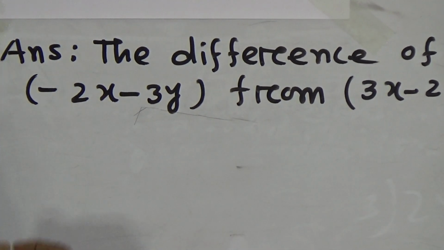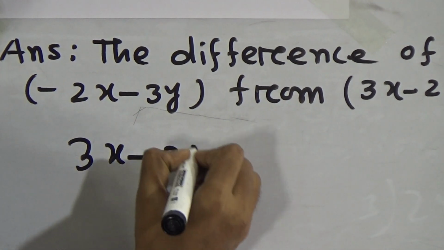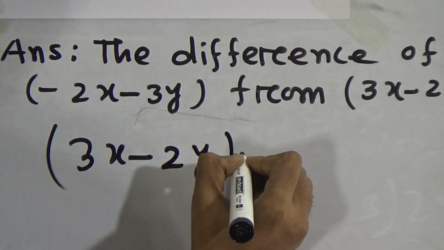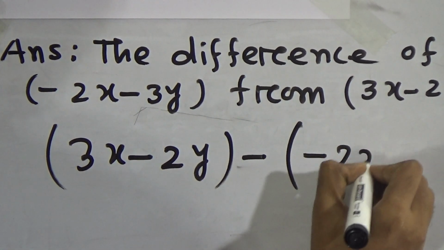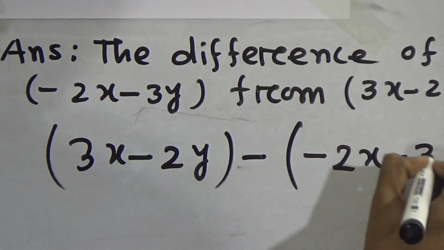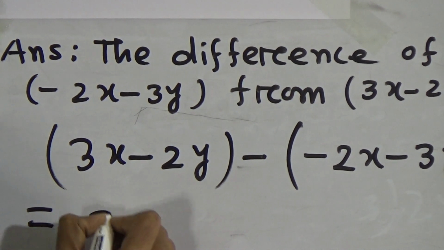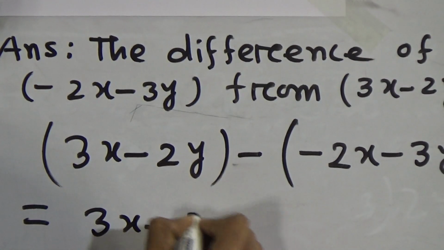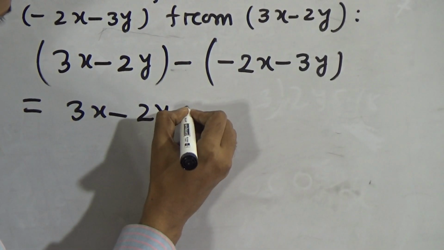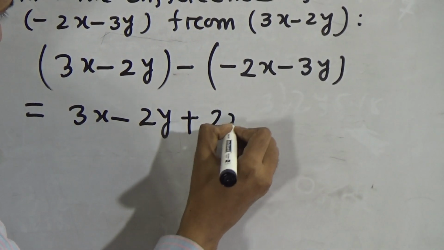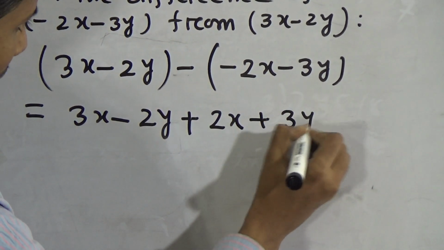Okay, right now, 3x minus 2y, you put minus sign, minus 2x minus 3y. Okay, look now, 3x minus 2y, minus, this is the plus, then 2x, minus, this is the plus 3y.